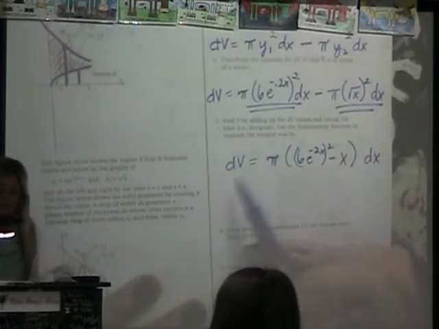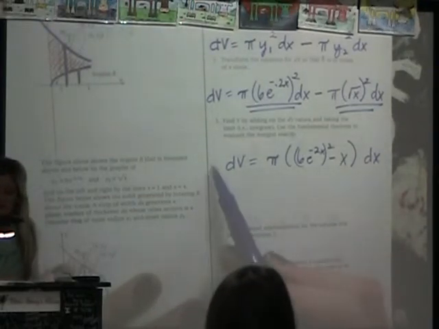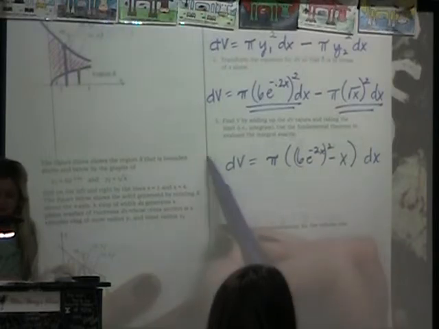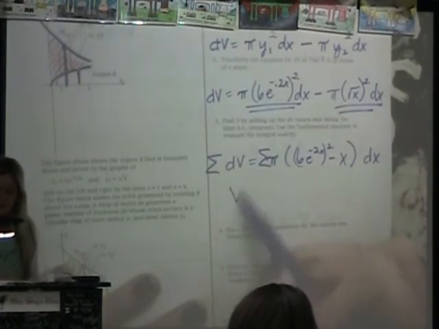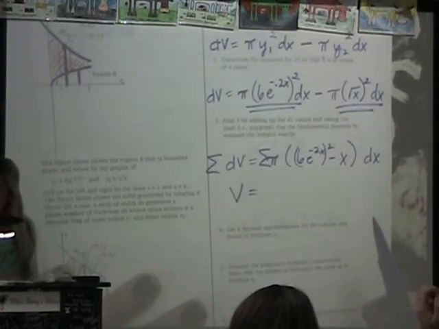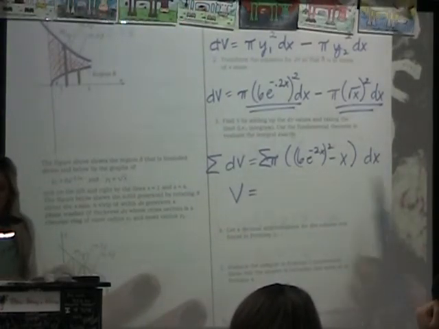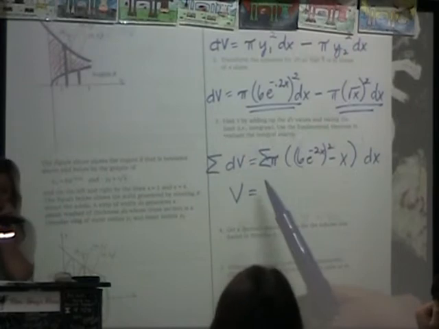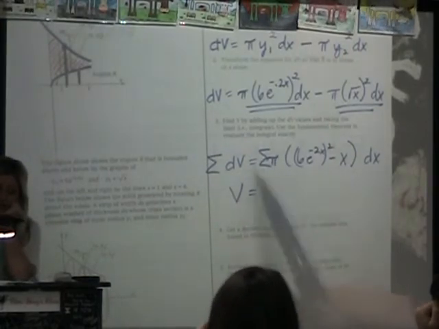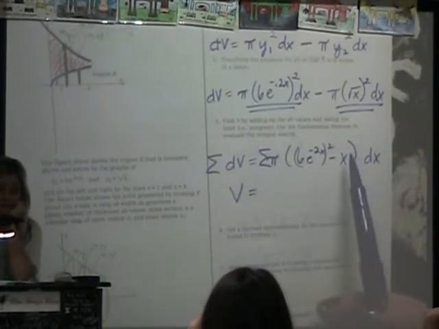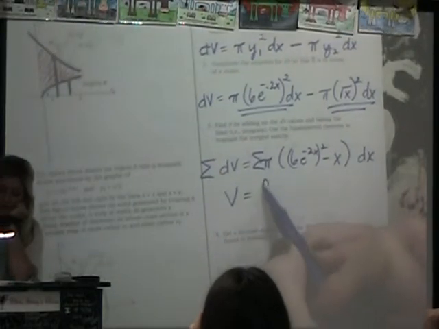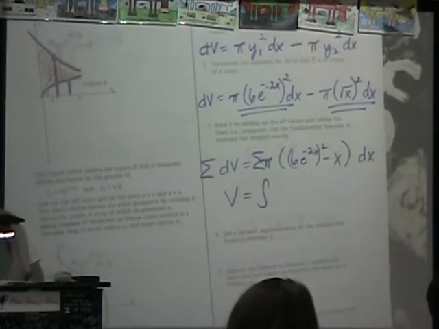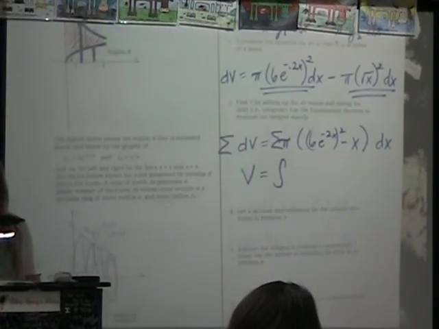And so if we do just like we did on the front side, we take the summation of both sides. Summation of all the volumes gives you the actual volume of the solid. If you take the limit as n approaches infinity of the summation of this expression, it gives you the integral. What would be our bounds on this integral?